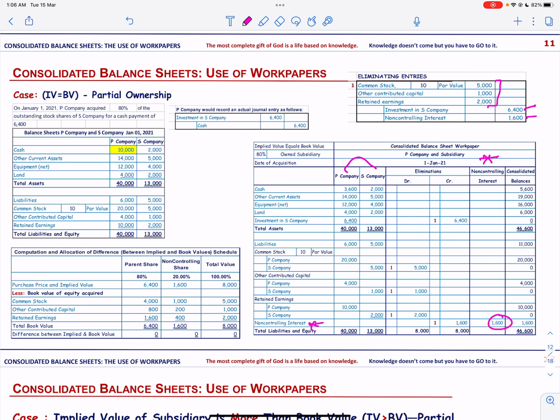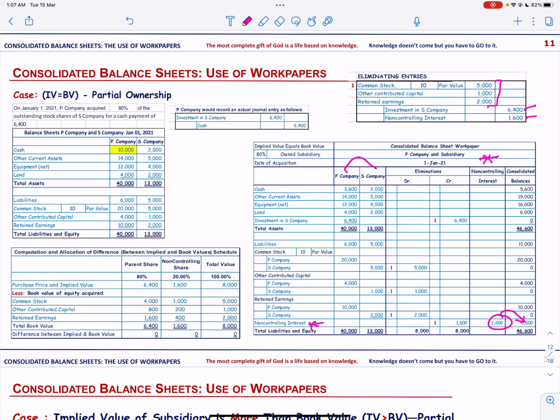The total in this column represents the percentage of equity of S company not acquired by P company, recorded at the fair value implied by P company's acquisition price. The total non-controlling interest is transferred to the consolidated balance sheet column.